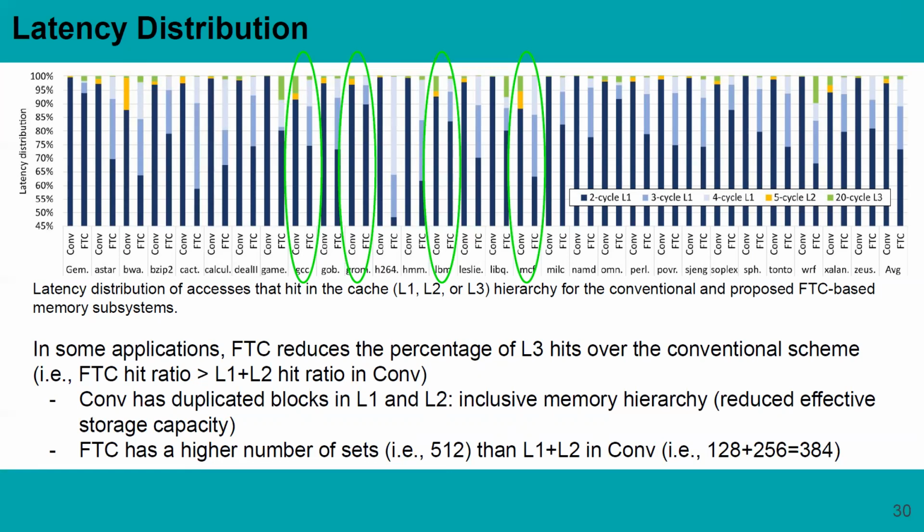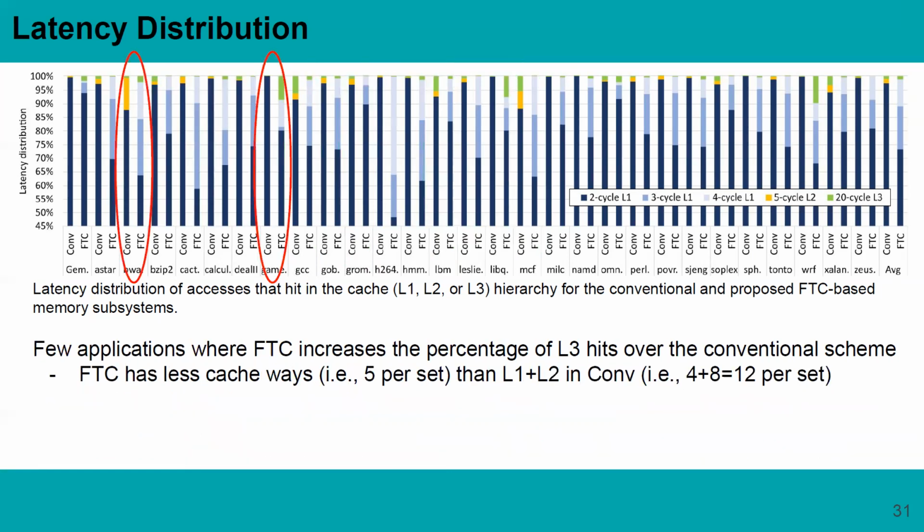In addition, FTC has a higher number of sets, 512, than the two-level conventional design with 384 sets, thereby reducing the number of capacity misses. On the other hand, in a few applications like B-Ways and games, FTC increases the number of L3 hits over the conventional scheme.